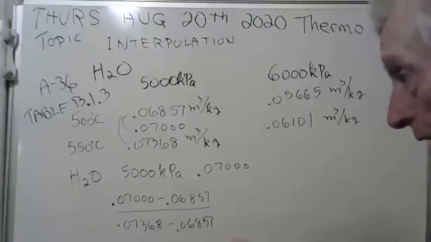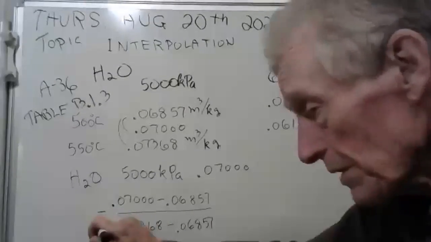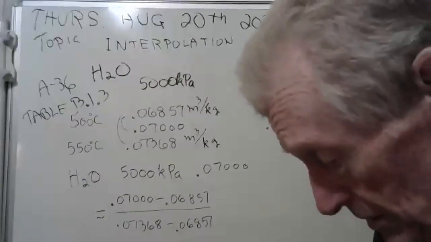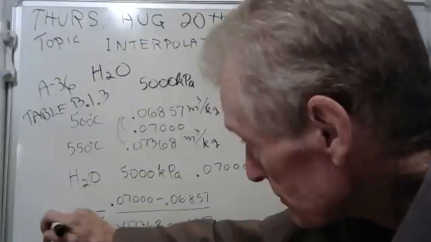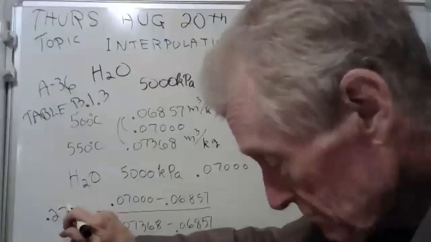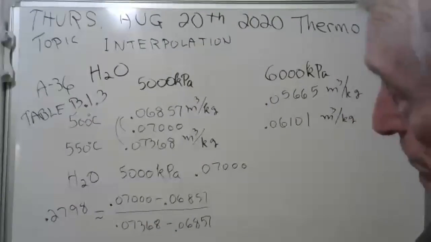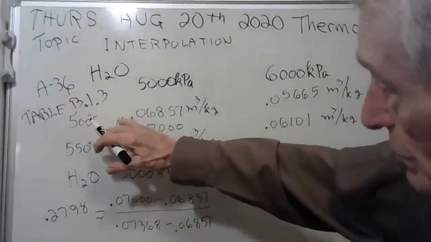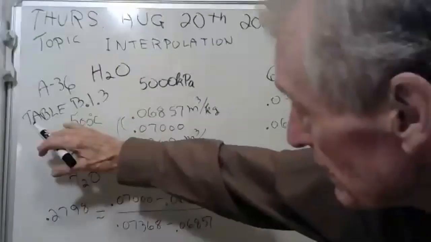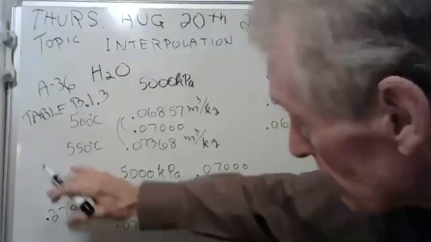Well, if I did that right, this comes out to be 0.2798. What was that? 28%. We want to go 28% of the way from here to here.